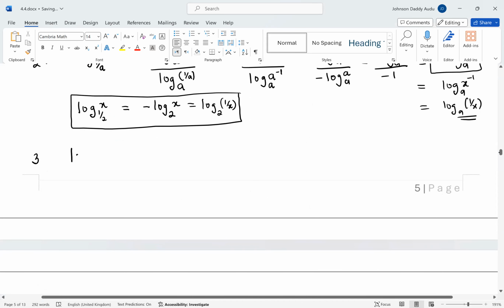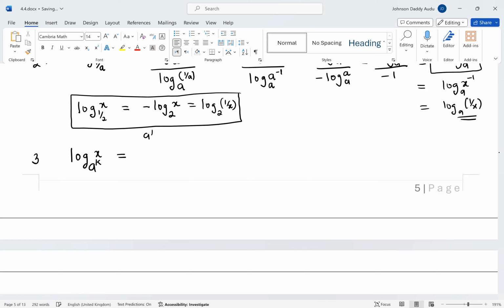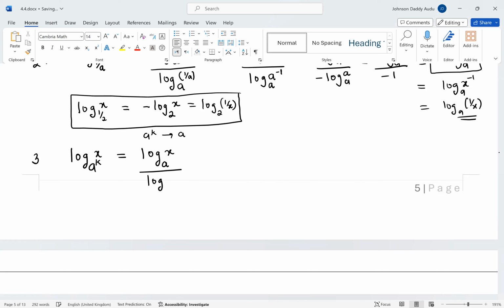What we're saying is if you have log to base a to power k of x, the same thing. Here you want to change your base from a to power k to a. So this is going to be log a of x over log of still a, but your old base is a to power k.